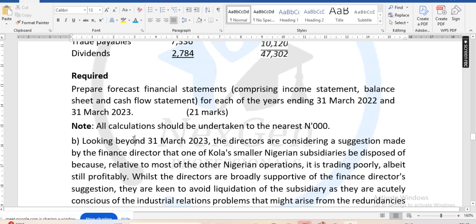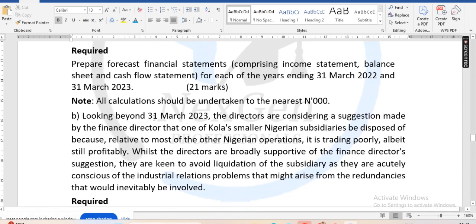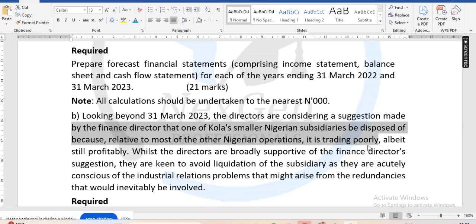B. Looking beyond 31st March 2023, the directors are considering a suggestion made by the finance director that one of Kola's smaller Nigerian subsidiaries be disposed of because, relative to most of the other Nigerian operations, it is trading poorly, and it's still profitable, right?